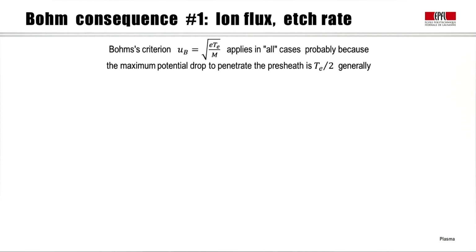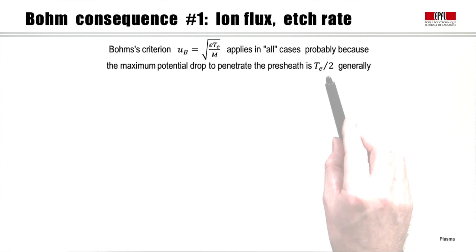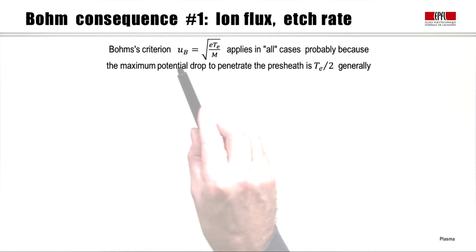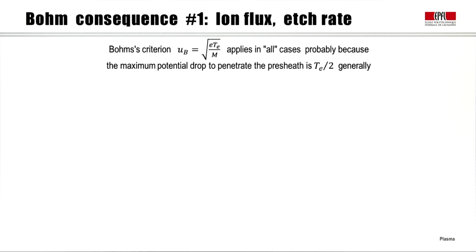It seems to apply in many cases, for example radio frequency plasmas, probably because the maximum potential drop which can penetrate a pre-sheath is generally Te/2, and therefore Bohm's criterion tends to have some general validity in many cases. This is part of the great interest in Bohm's criterion.